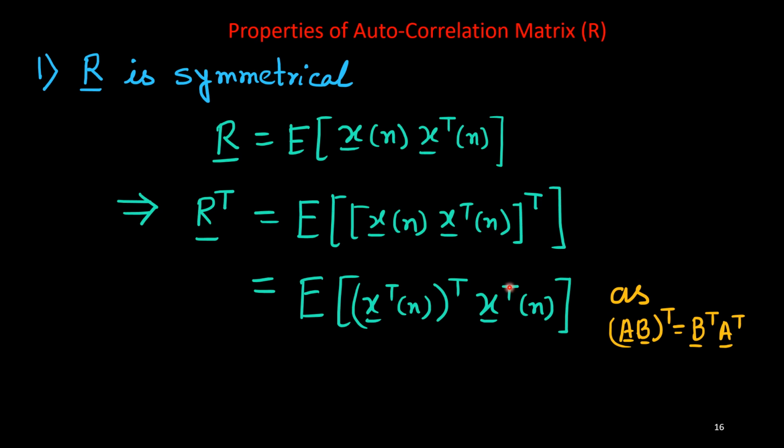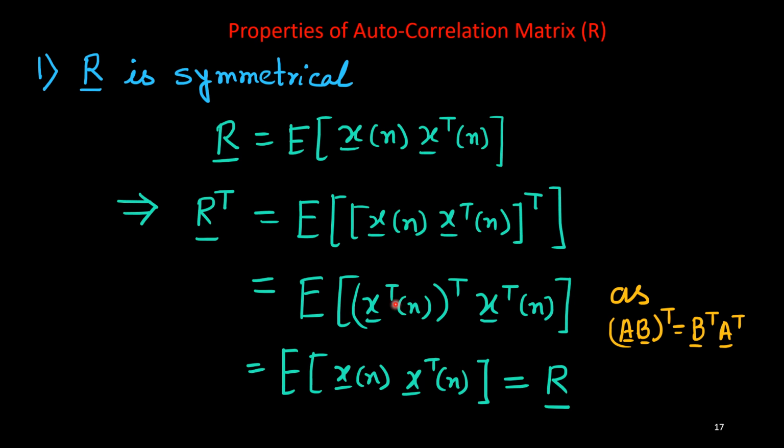And now A transpose taken transpose again, if you take the transpose two times, then obviously you should get the same vector or matrix. So you get this one again as x[n], because A transpose transposed again becomes A.